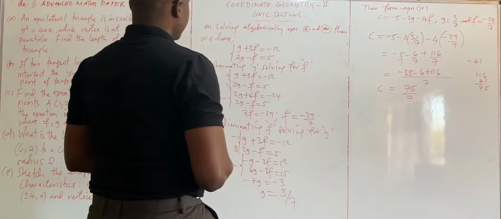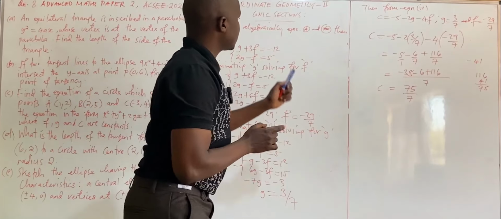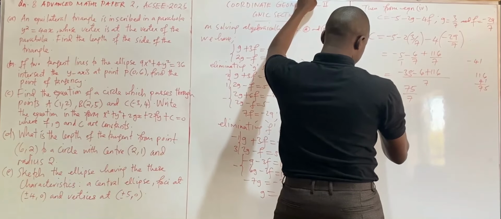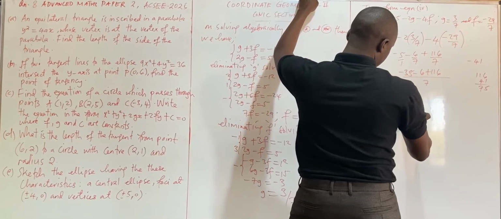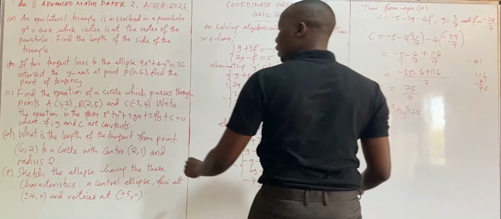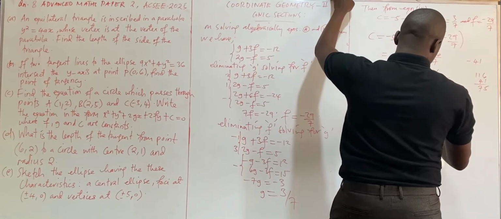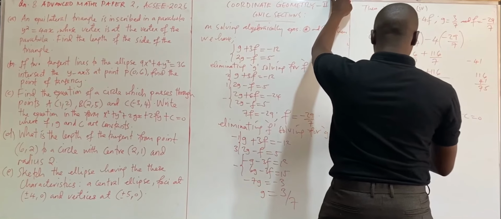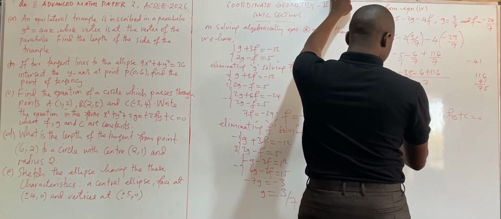So if that is the case, we go back to the general equation of a circle. The general equation of a circle, x squared plus y squared plus 2gx plus 2fy plus c equals 0. So we plug those constants: x squared plus y squared.